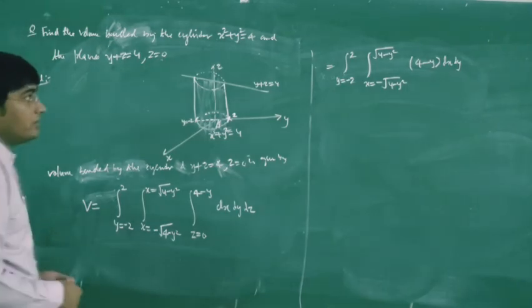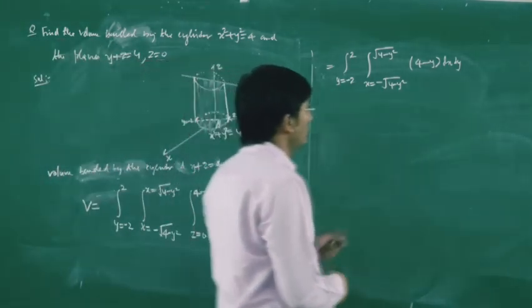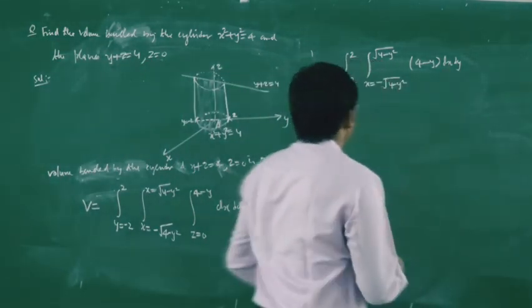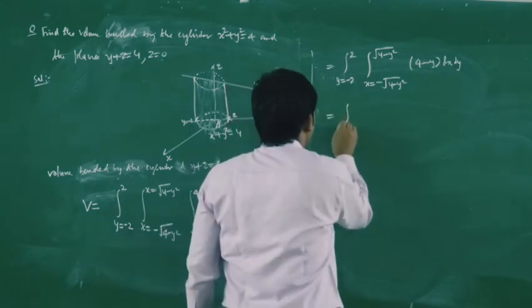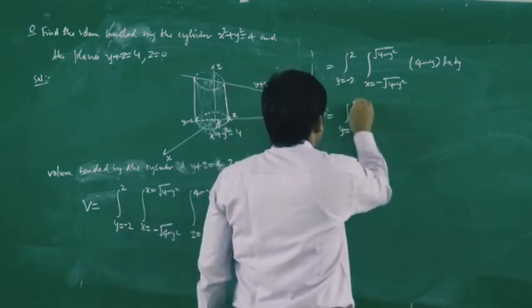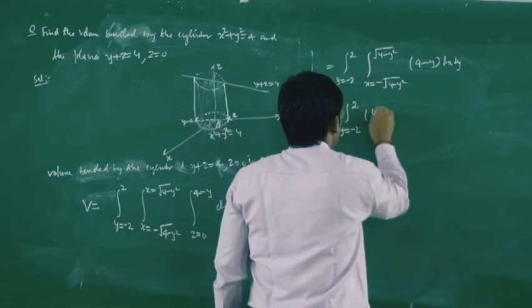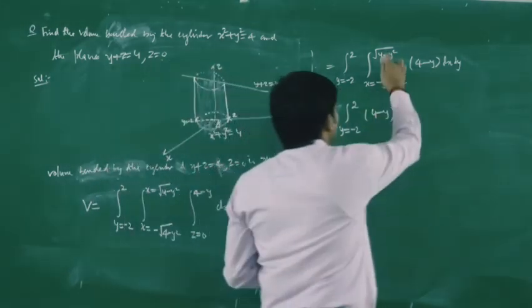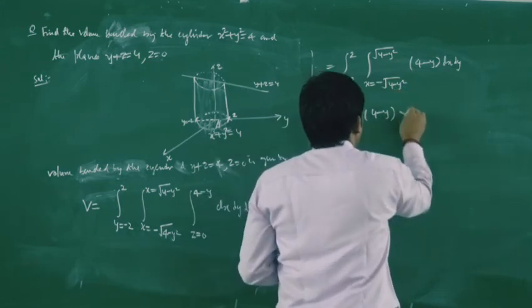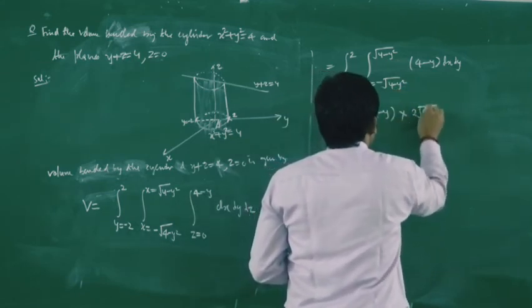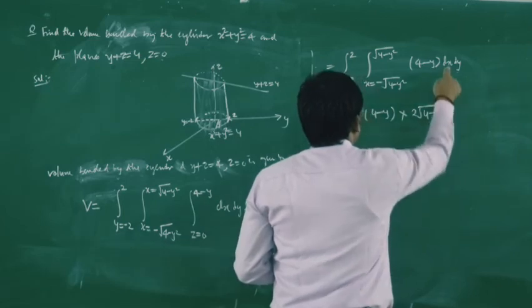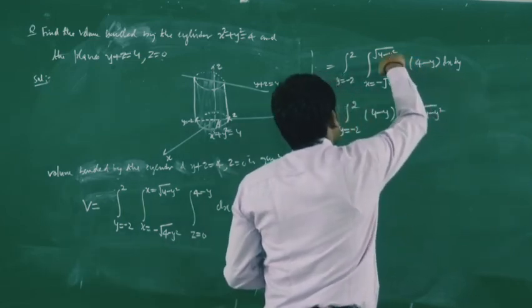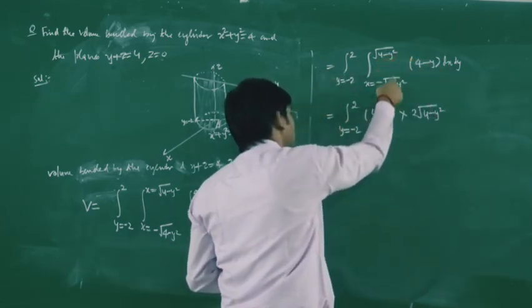Now let us integrate with respect to x. So if you integrate with respect to x, then we will have y from minus 2 to 2. The integration of dx will be x. If you put the upper limit and lower limit, then we will get just 2 times the square root of 4 minus y square, because this is your x. For the upper limit we will get plus, and for the lower limit again we will get plus.